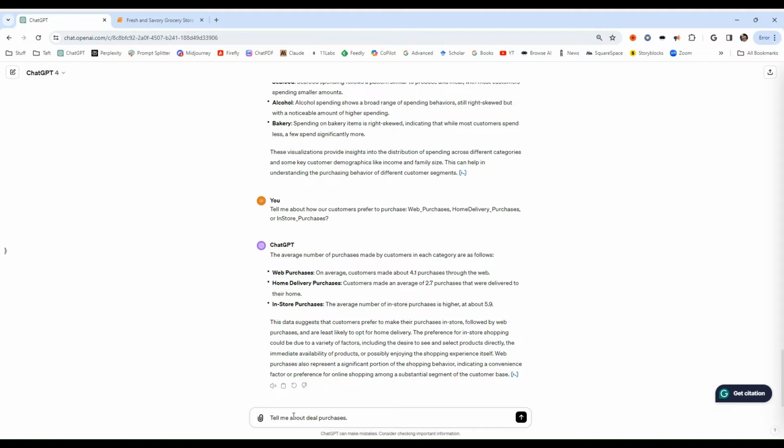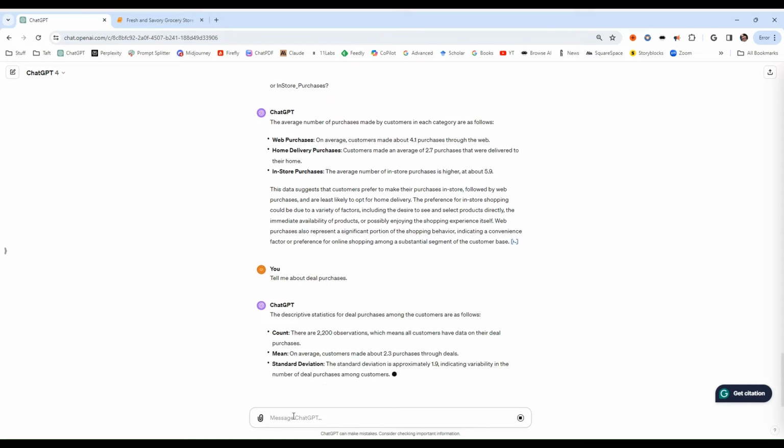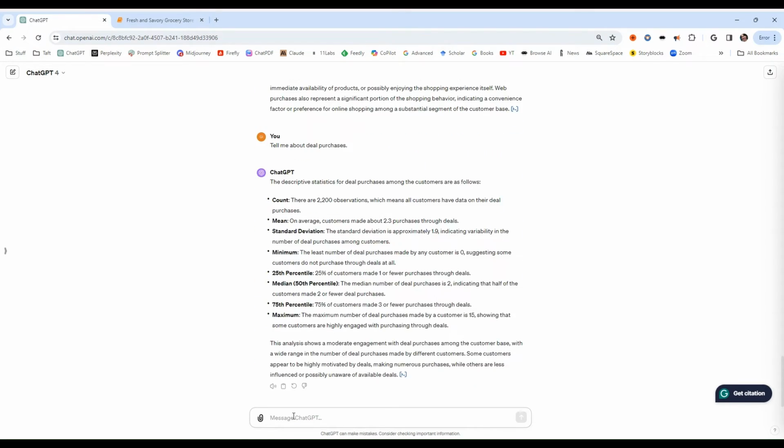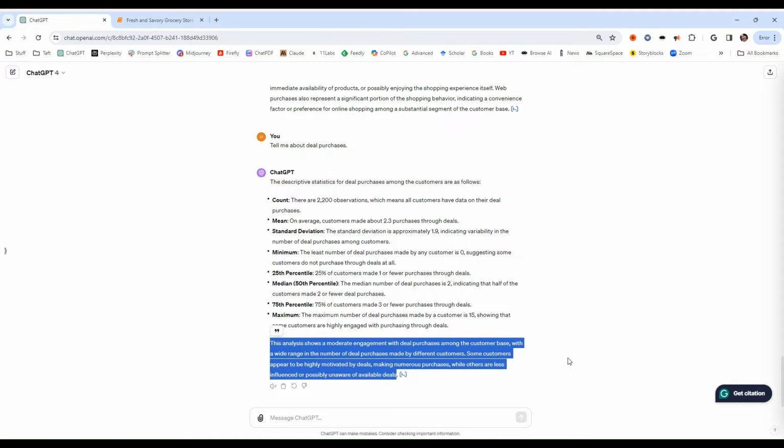Now, let's start to understand some of that deal purchasing behavior in the data. Okay, so we see here some information about deals. Let's look at ChatGPT's analysis.